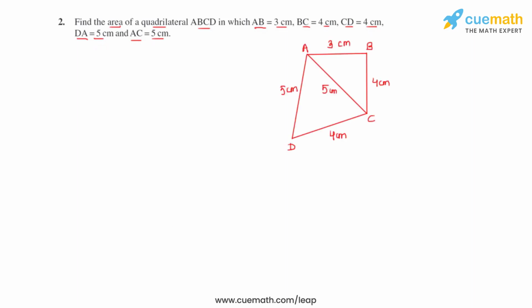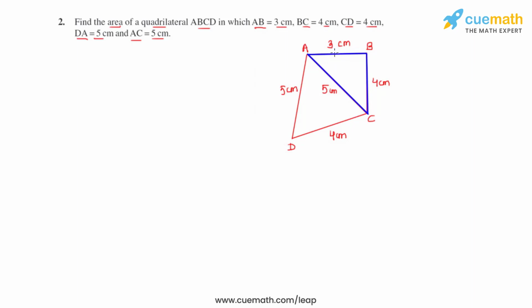The area of this quadrilateral can be found by finding the area of triangle ABC and the area of triangle ADC, and then we can add them up to get the area of quadrilateral ABCD. So let's first focus on triangle ABC. Here we can observe that the three side lengths form a Pythagorean triplet.